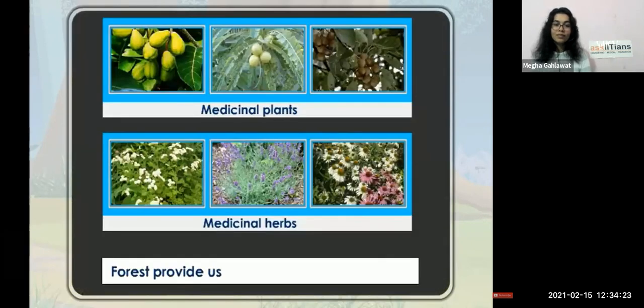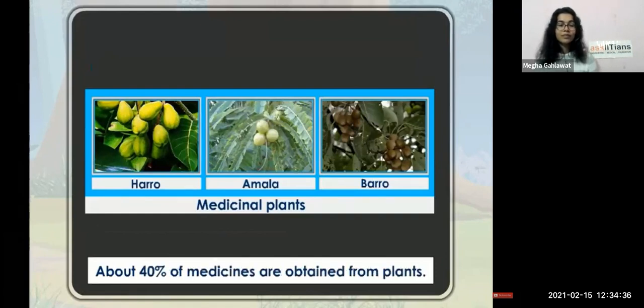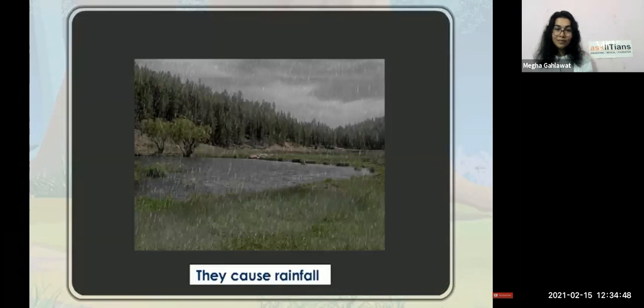Forests provide us medicinal plants and herbs. About 40% of medicines are obtained from plants. Forests provide shelter for wild animals. They cause rainfall.